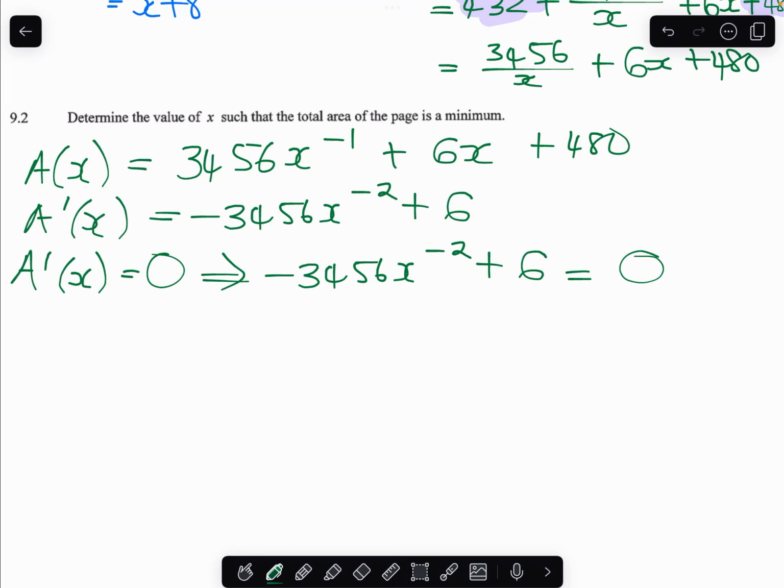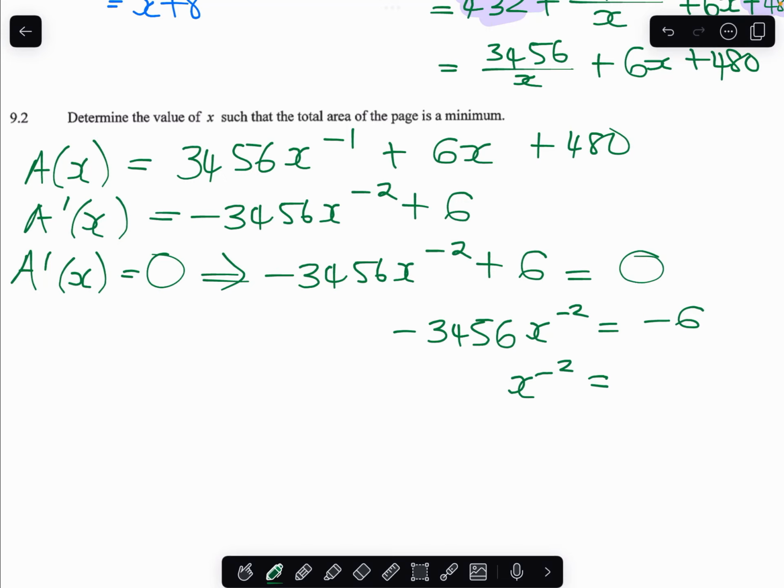Where is this equal to 0? So this will be negative 3456 x to the minus 2 is equal to 6 x to the minus 2, oh, and this was meant to become a negative 6, sorry.